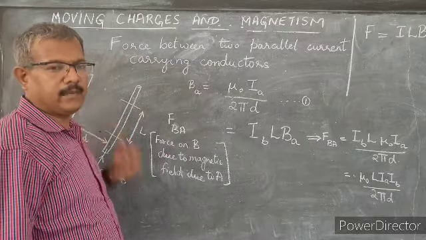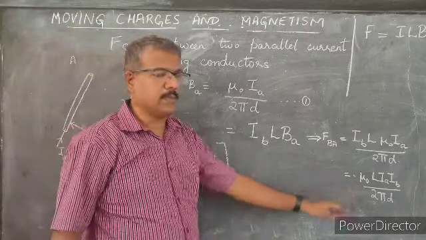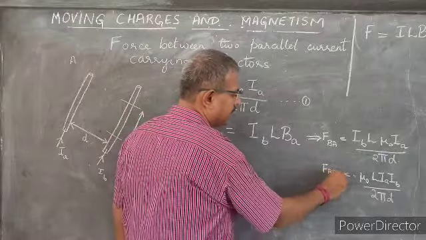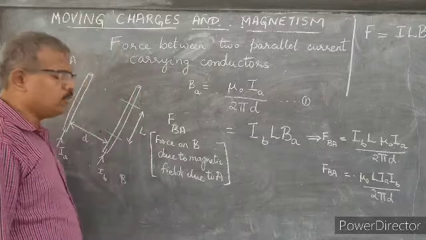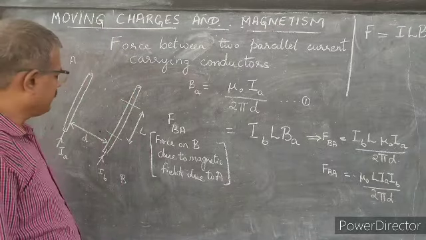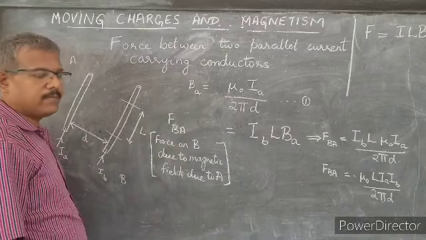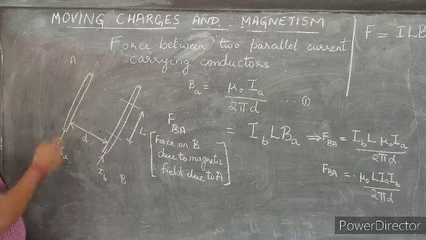by conductor A. Now what do you think is the direction of this particular force that is being felt? To find that out, let's do a simple exercise. First I need to find out what's the direction of this magnetic field being generated by A. So current is flowing from the bottom to the top over here.